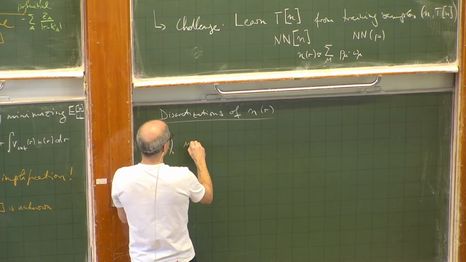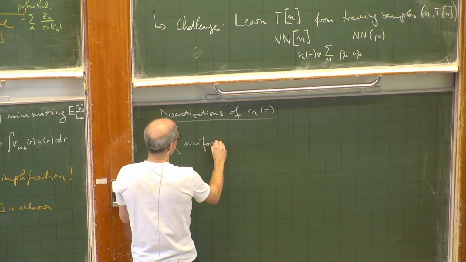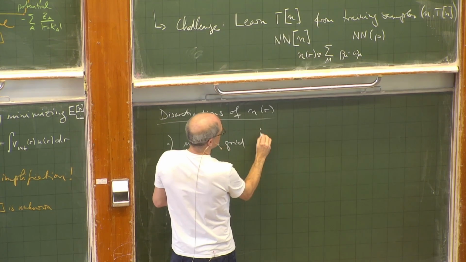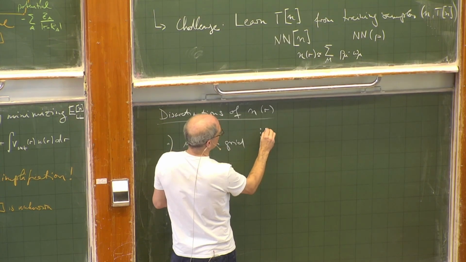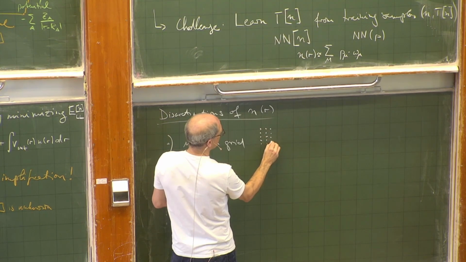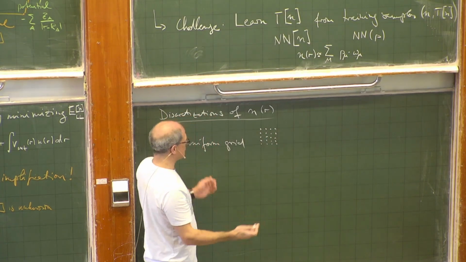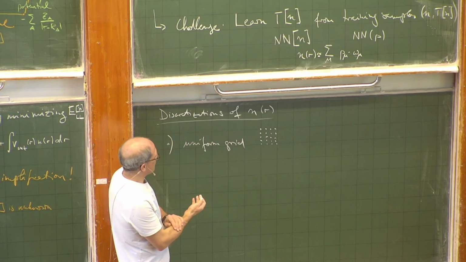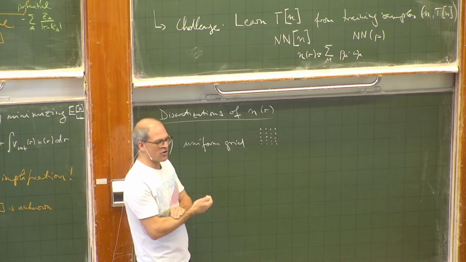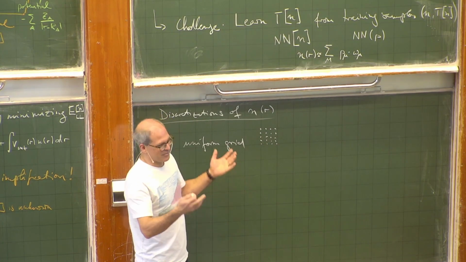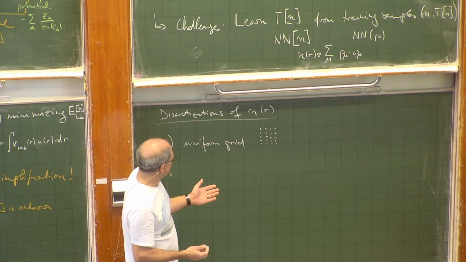So one could be a uniform grid. So this is basically, we would pretend that the density is an image, and we sample the image at pixels. This is something where machine learning wise we feel very much at home, because CNNs and such. Yeah.